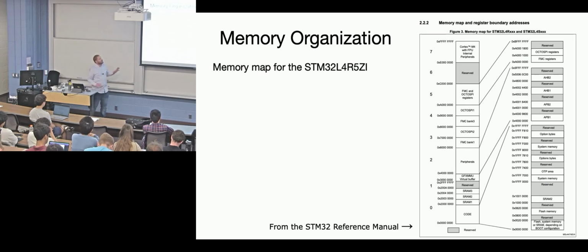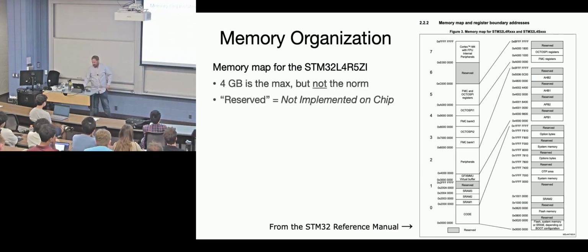Now, this is the memory map for your STM32 that you're using in lab. Here you can see we've blown up some of the sections. You have your bootloader and flash memory and SRAM, but you see a lot of these reserved lines. That is ARM just saying, we haven't implemented it. So the chip doesn't have 4 gigs of memory on it. That would be cool.